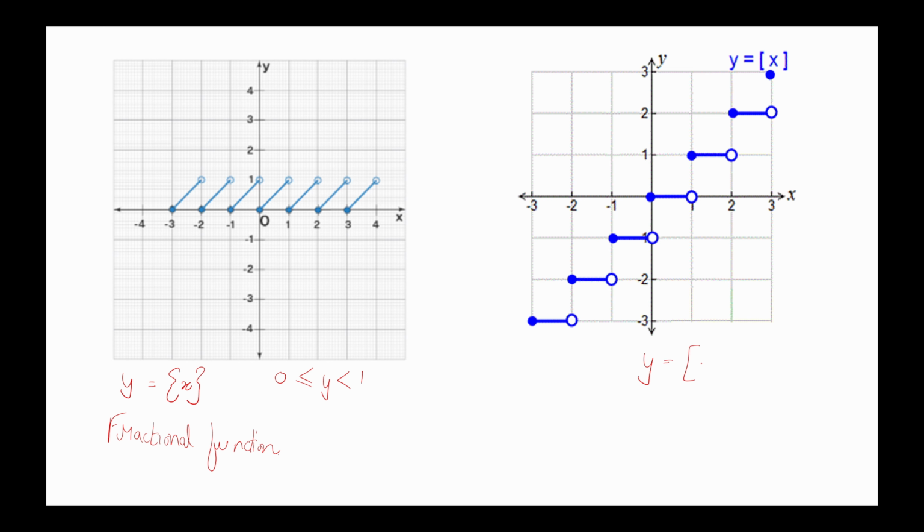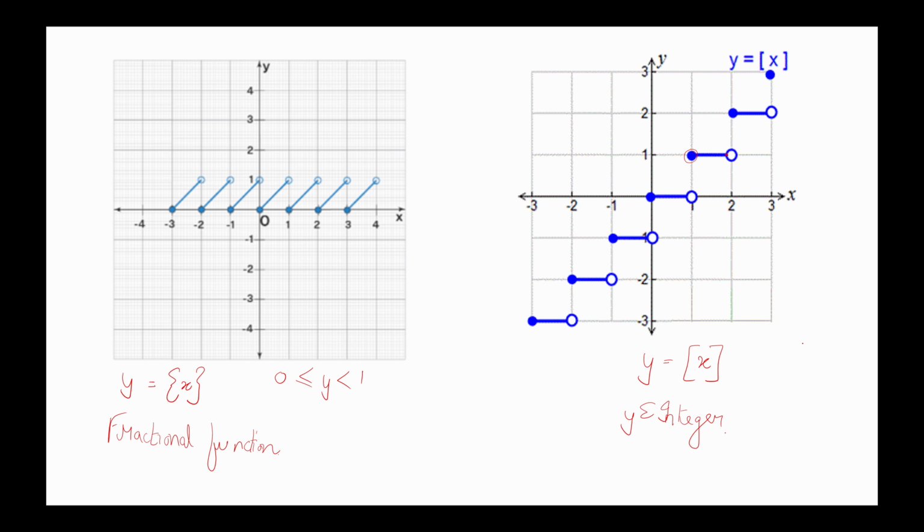And this is our greatest integer function, y = [x]. I hope you all remember, here y would always belong to the integer category. So this is how greatest integer function graphs are represented. Of course, it starts from the lower limit, which is included, and it extends up to the upper part, but does not include it.